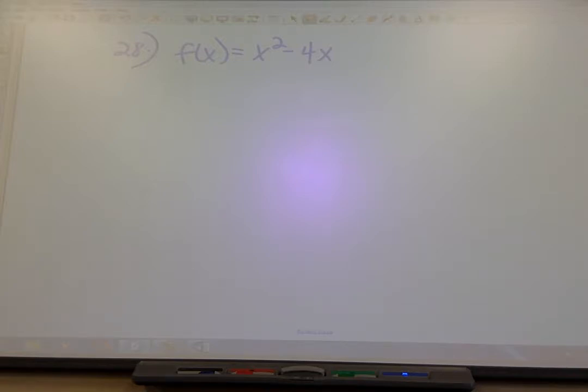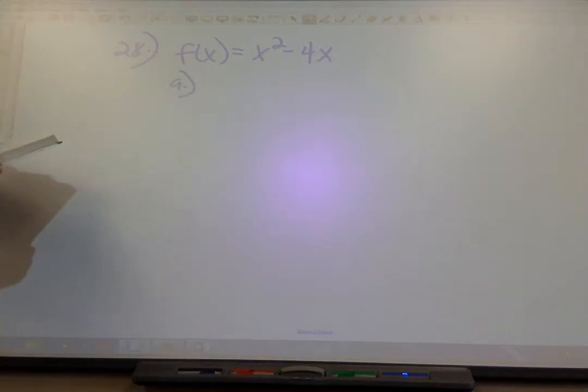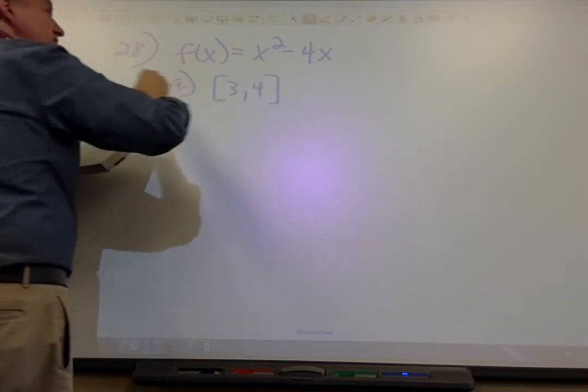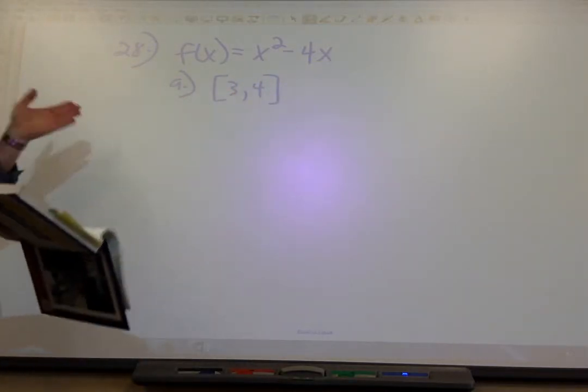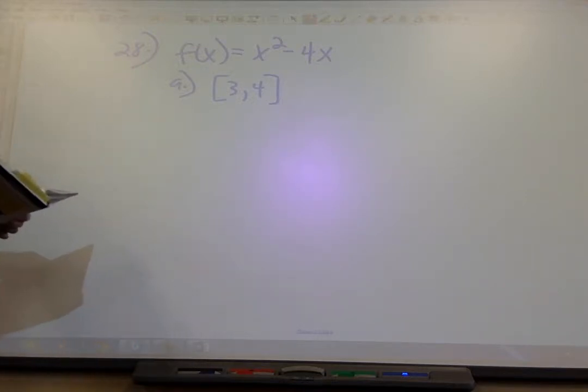Okay. Part A says find the average rate of change of y with respect to x from 3 to 4, if x is from 3 to 4 on that interval. Just like when it said from 2 seconds to 3 seconds in the last problem. Let's start with that.